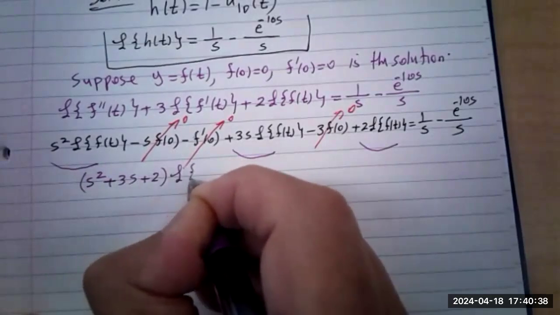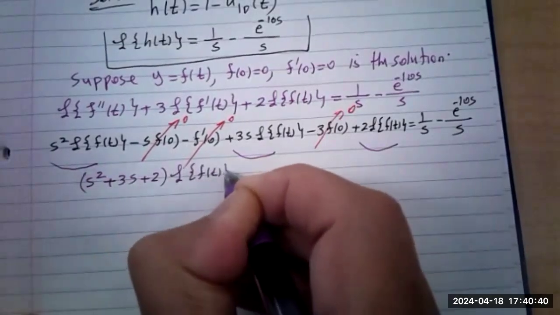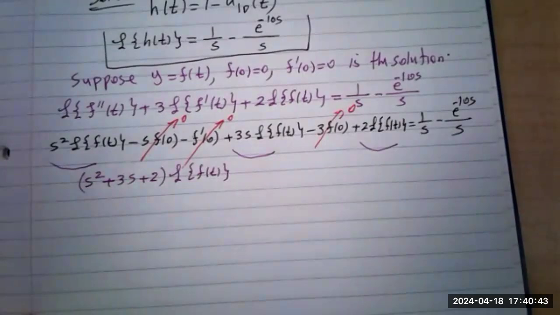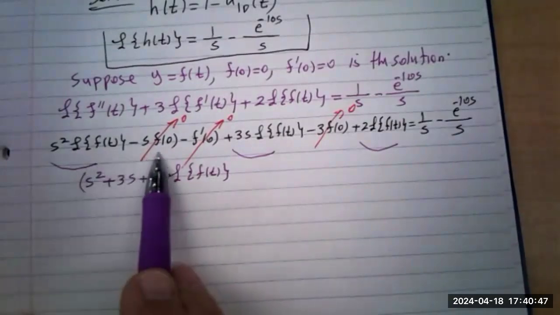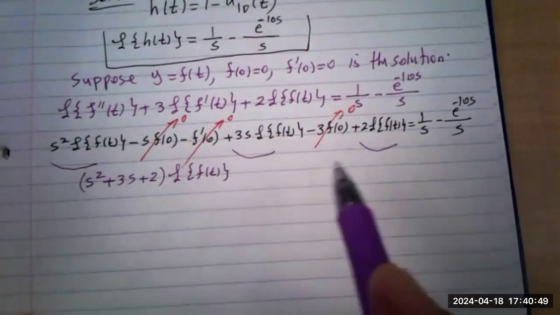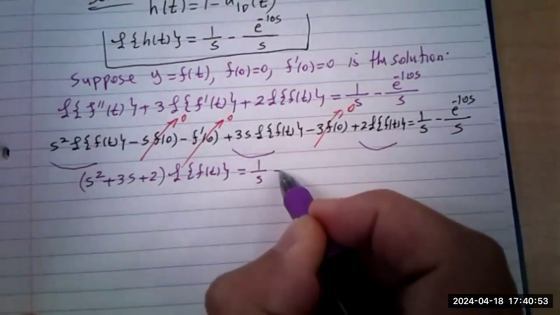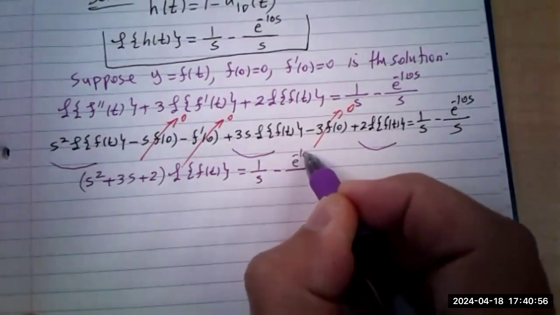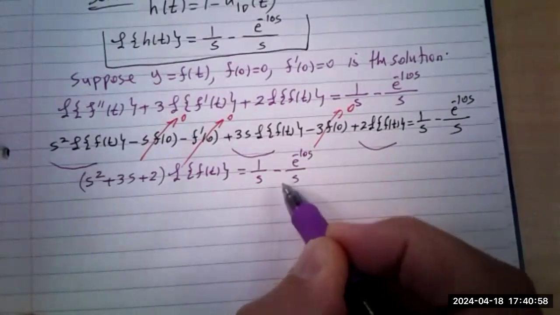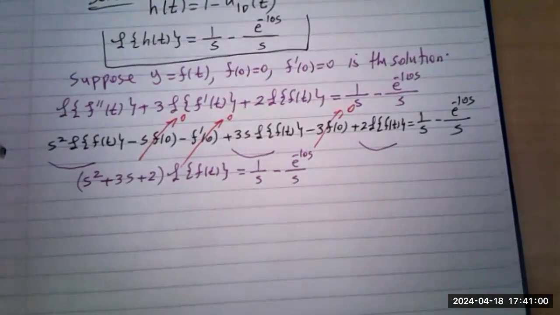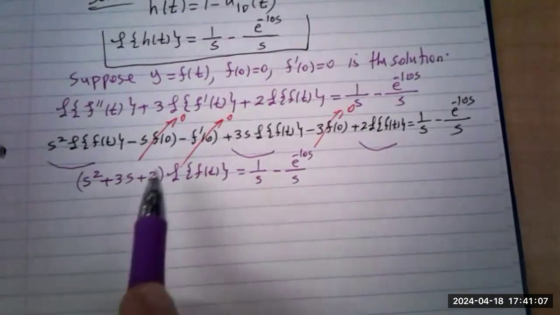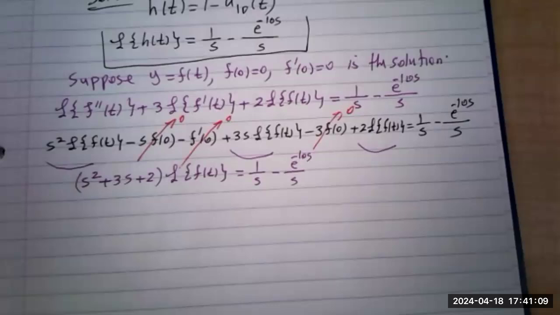Then the Laplace of f(t). Okay, so what's the leftover? None. So that would be 1 over s minus e to the negative 10s over s so far. Okay, so that gives you the result, because everything was canceled out over here.